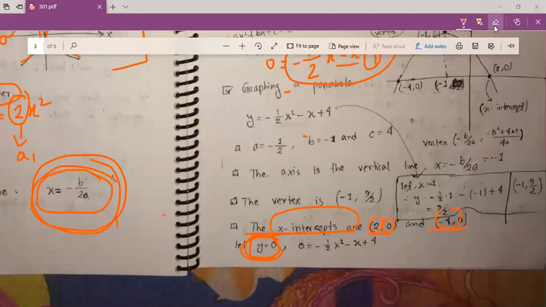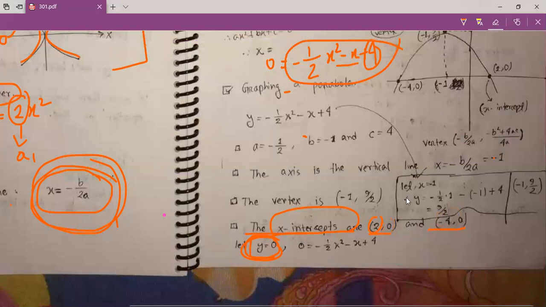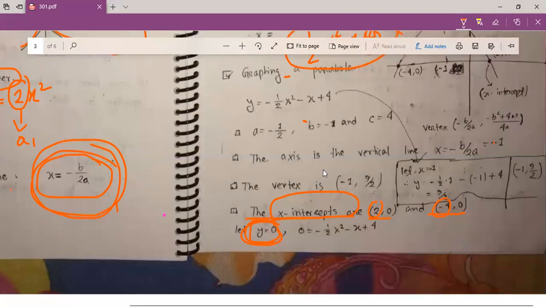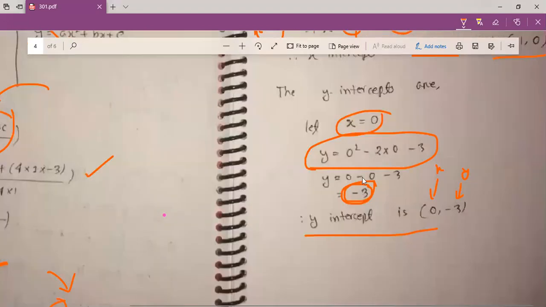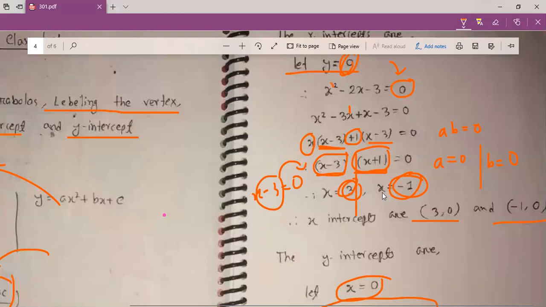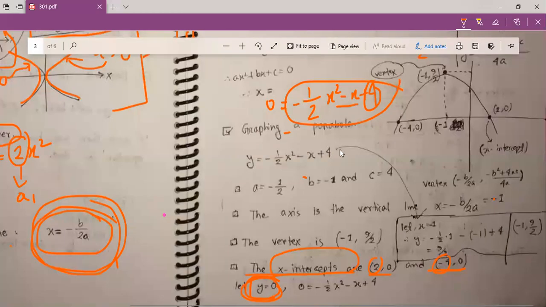Okay, x will be 2 and minus 4. Like this way, we found x equal to 3 and minus 1, right? So in the same way, for this equation, if y is equal to 0, x will be 2 and minus 4. Okay.